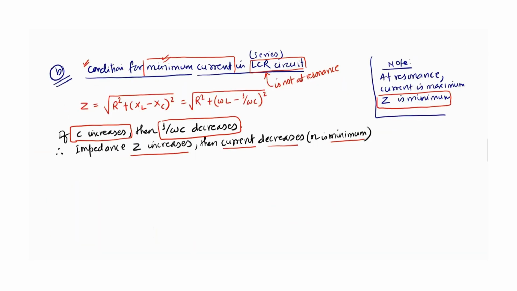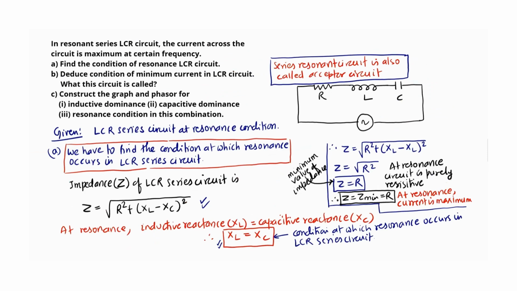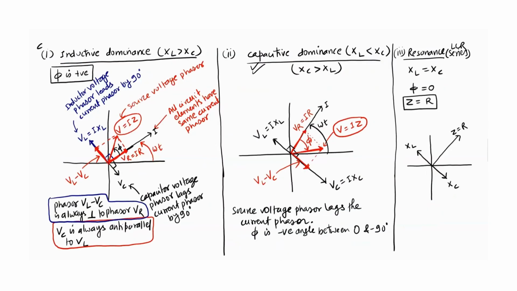We have to plot the graph and show inductive dominance, capacitive dominance, and resonance for the LCR series circuit. Clear? Now the graph. What we find is that at frequency below resonance, we find resonance at a particular frequency.